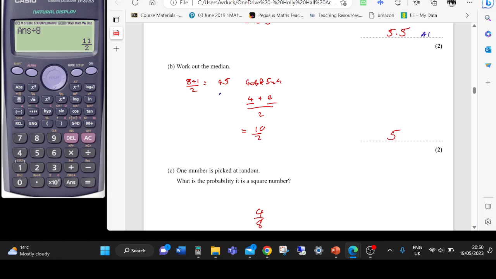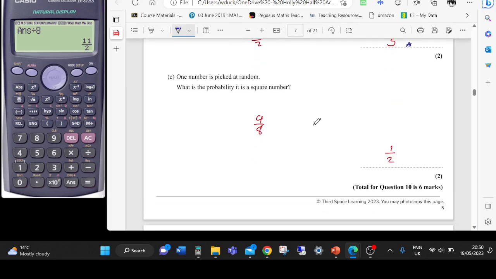So I'm going to say that that's what I've done there. And then A1 for 5. And for the final part, square numbers 1, 4, 9, square numbers identified or 4 square numbers seen, and then A1 for 4 over 8 or equivalent. So you didn't need to simplify that fraction down. We'll go M1, A1.